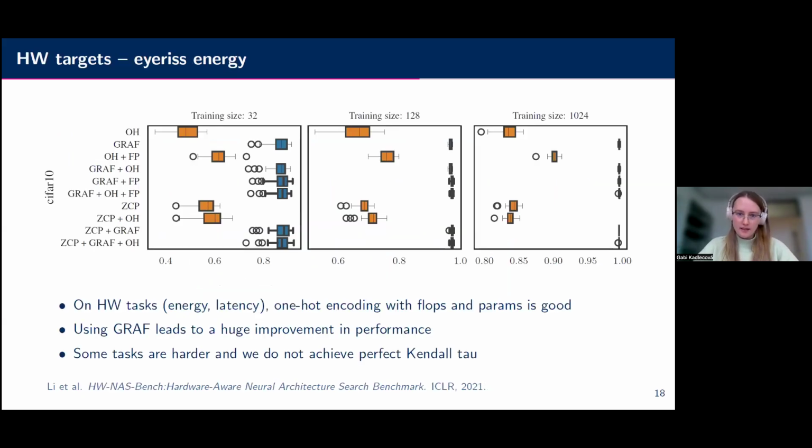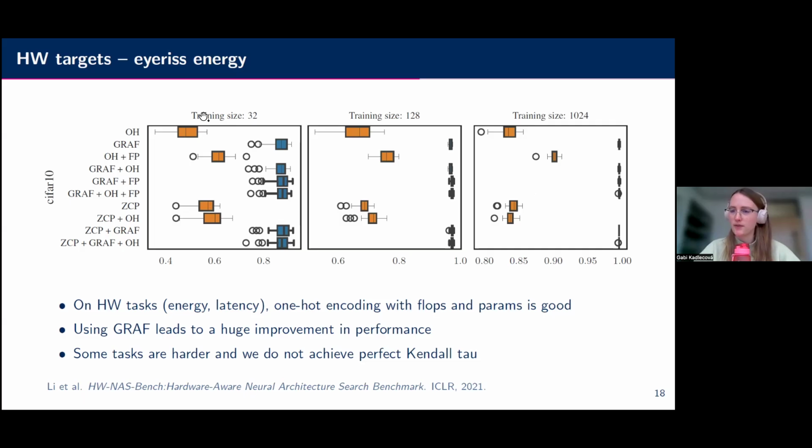Okay. Now there will be a lot of slides about all the tasks that we studied. So if you work on some of these applications, it might be quite interesting for you because there are some differences in what works and what doesn't. In general, for hardware targets, one-hot encoding tends to be quite good. So, for example, here, one-hot and zero-cost proxies are kind of similar.